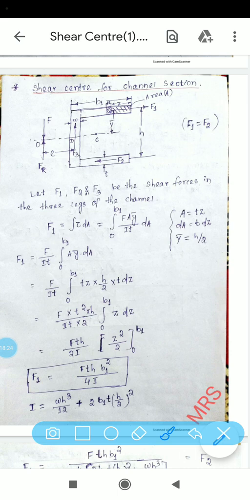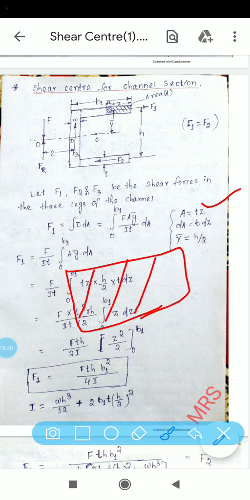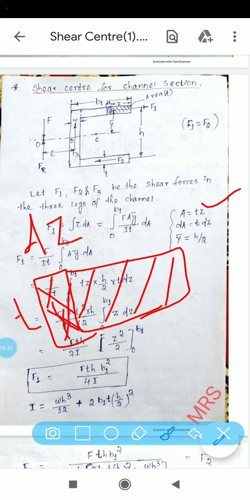The area of this small section is A equals T into Z. This one is your small section; this dimension is dz, this one is your thickness T, and this one is your Z. So the area is Z into T, Tz. So dA is equal to T into dz.